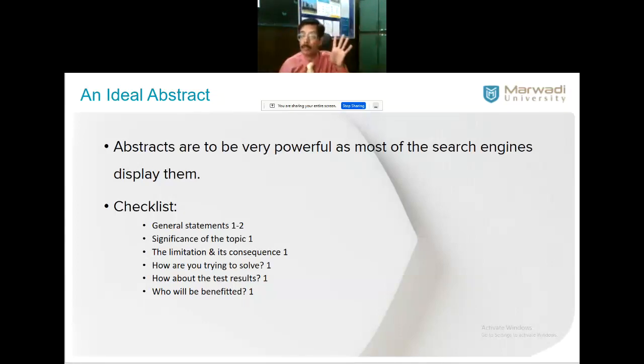It's very much important. First, a general statement, one or two about the subject, the periphery. From the periphery only you can move on to inside it. That's the central general statement you have to say, one or two. For example, the entire world is facing how to recover from the post-corona impact, and everyone is working economically. Okay, it's a general statement. Like that, you can give two statements.